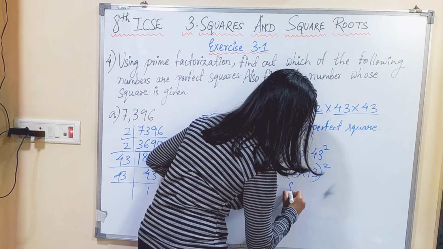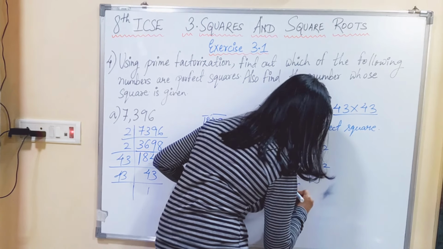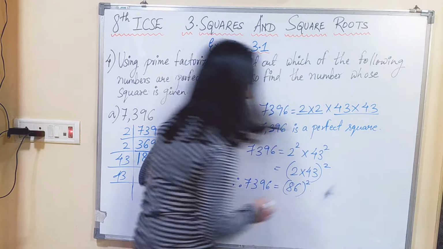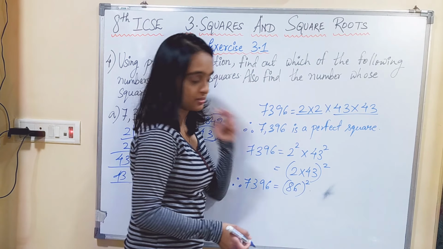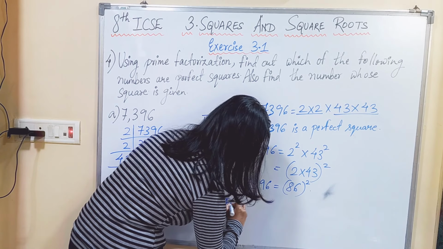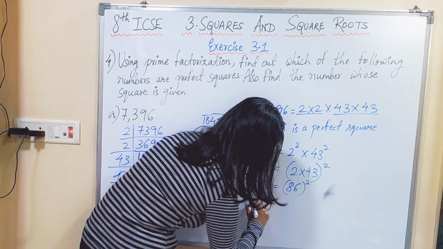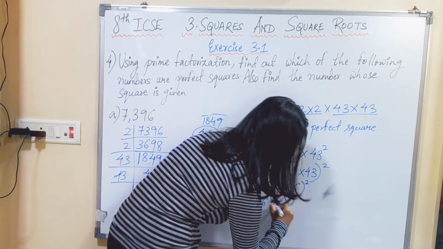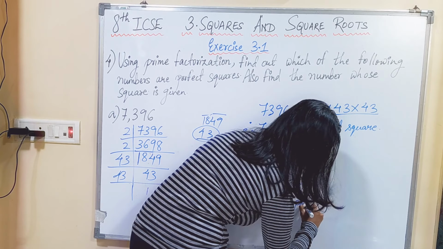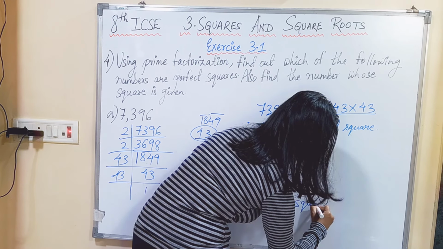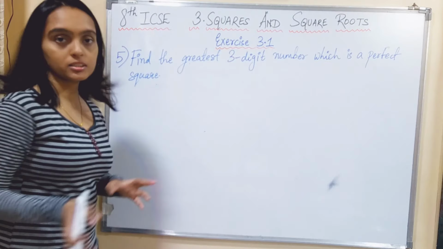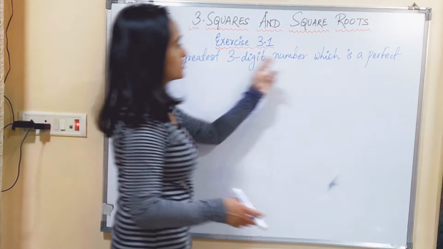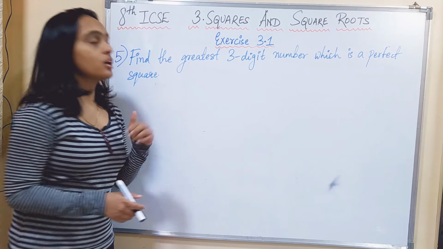So 2 4s is 8 and 2 3s is 6. Thus 7396 is the square of 86.